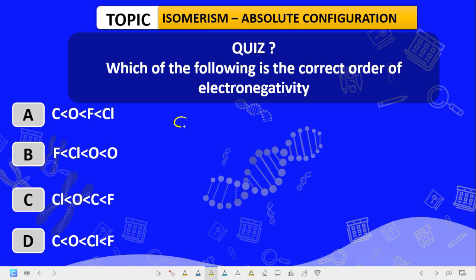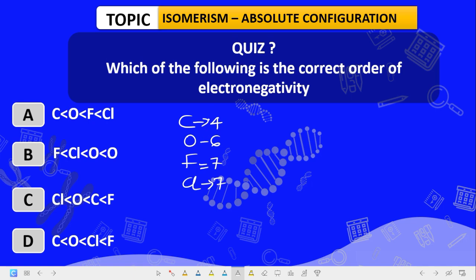Now, you have carbon. All of these elements are almost in the same period, apart from chlorine. So, chlorine is group 7. Let's bring out the groups of each of the elements. Carbon is group 4. Oxygen is group 6. Fluorine is group 7. Chlorine is group 7.